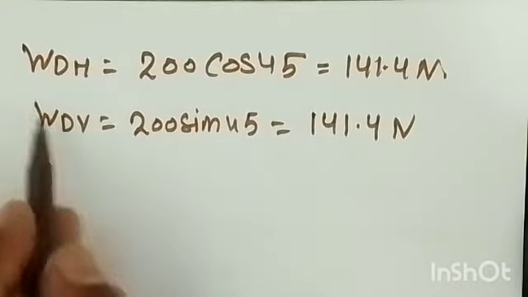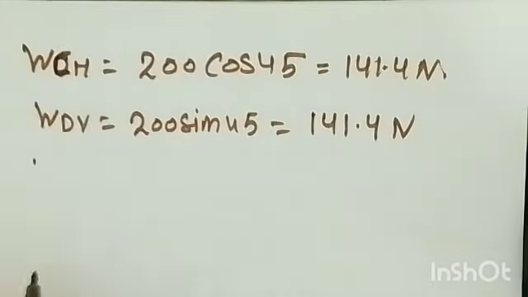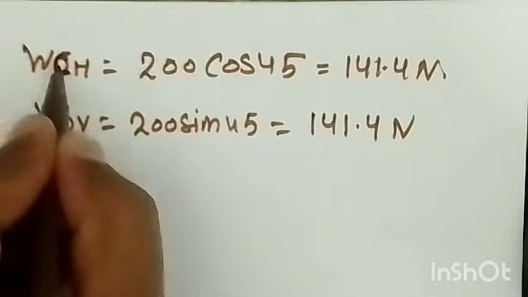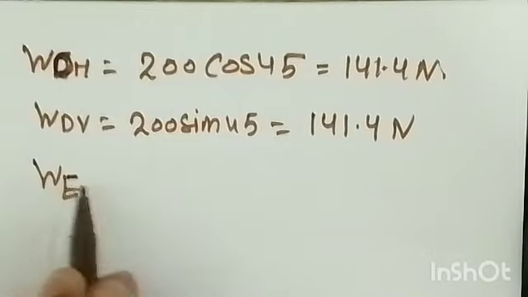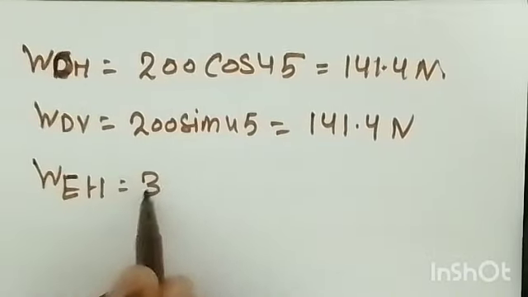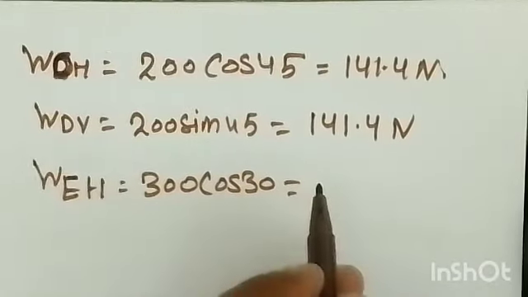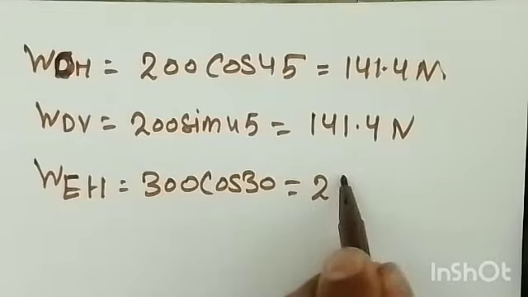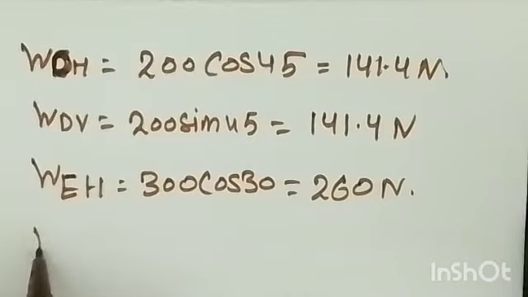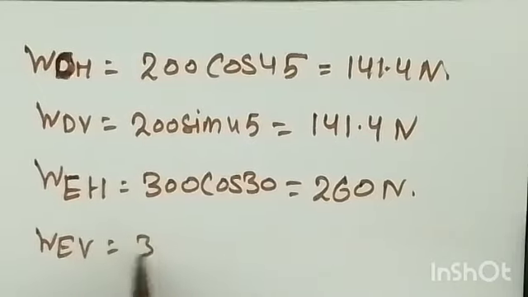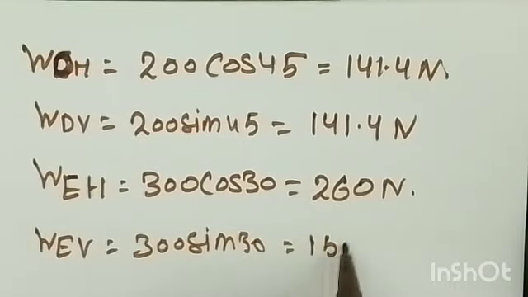Similarly, the horizontal component at E, WEH, is 300 cos 30 degrees, which is 260 Newton, and the vertical component at E, WEV, is 300 sin 30, which is 150 Newton.